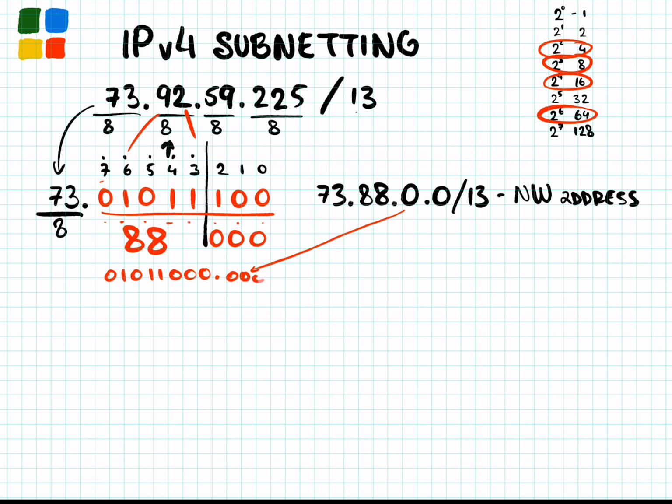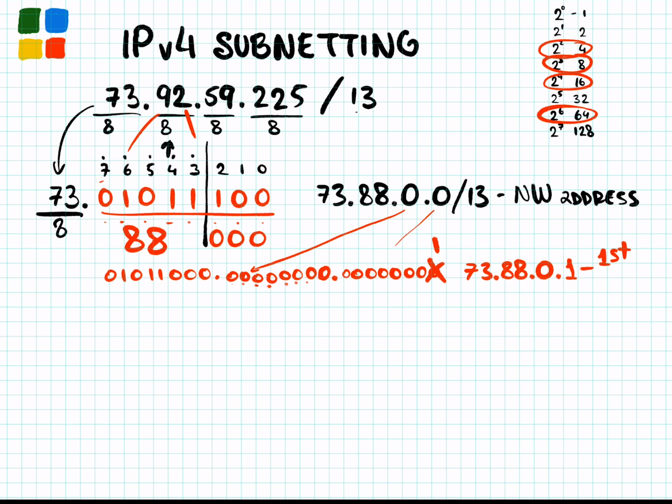This becomes 7 zeros, and this one also becomes 8 zeros. We need to add 8. So if that's the case, to show the first host address, we'll take the last bit and it would become 1. If we show this in decimal, we have 73.88.0.1. This would be the first.